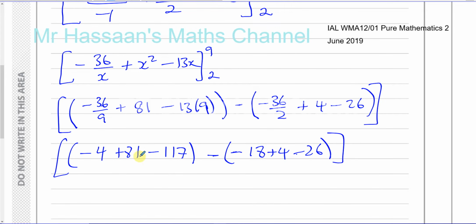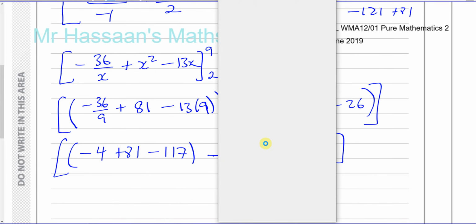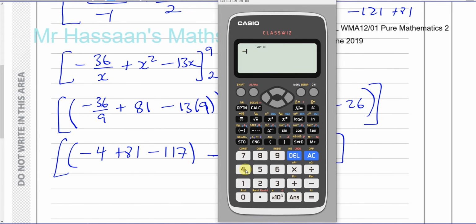Let's have a look at this. Minus 117, minus 4 is minus 121. So you have minus 121 and plus 81. I think that's minus 40. Okay, let's just make sure in case we made a silly mistake. So you have minus 4 plus 81. Minus 117.